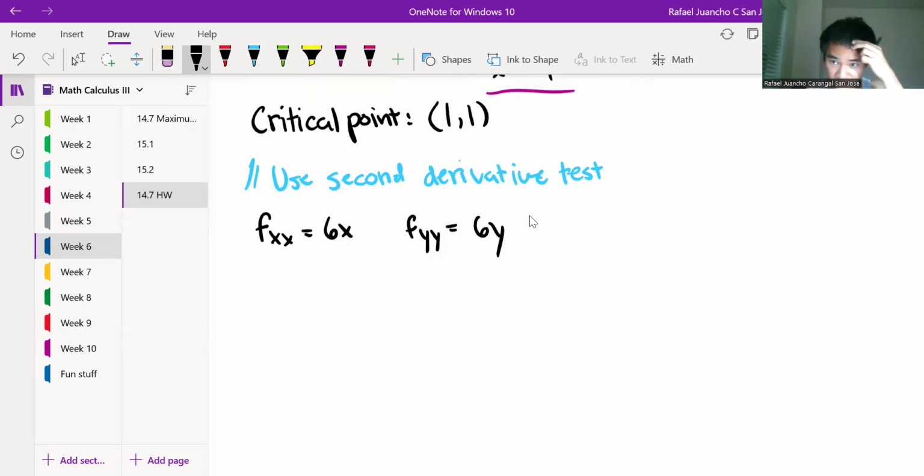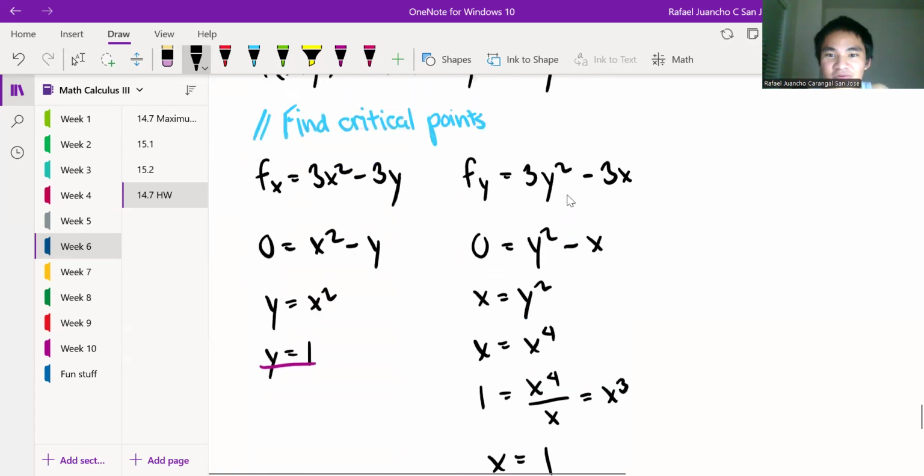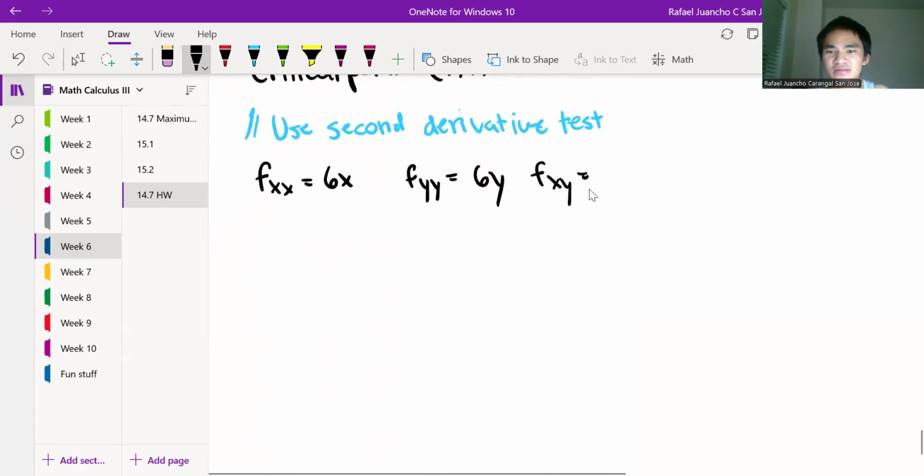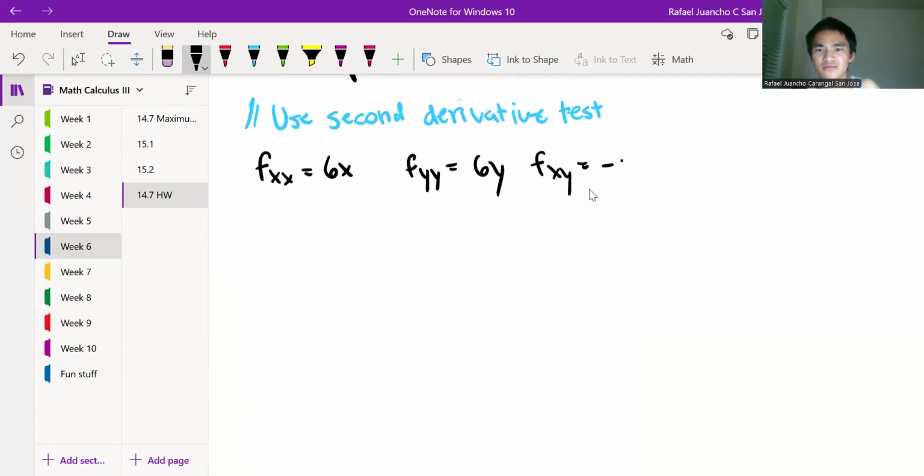Now, what is this? This is D of (1, 1). Oh, my bad. I look at f_xy. Almost forgot that. I look at my f sub y. I derive it in terms of x. So this is 0. This is negative 3, right?